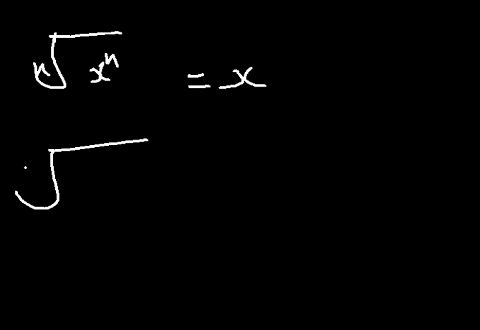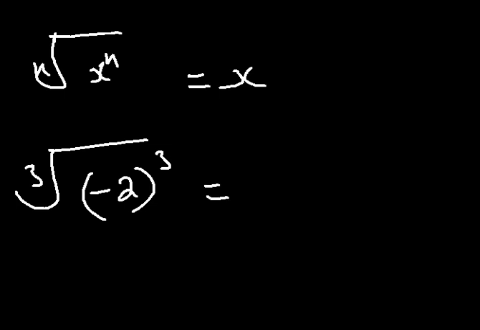Now what if we have an odd number? Let's say we have the nth root of x to the power n, given that n is an odd number. You see that we may end up having any kind of x value in that case, which means it can be negative or positive. Let's go through this. Let's say we have the cube root of negative 2 to the power 3.